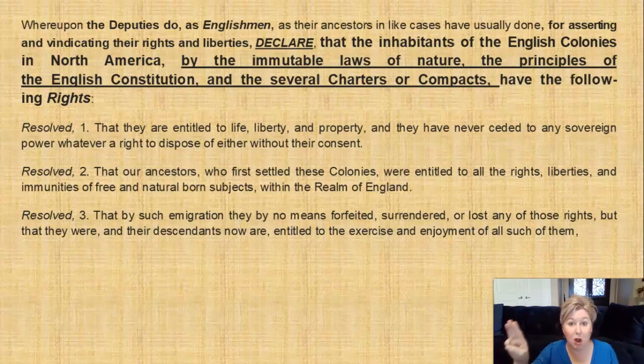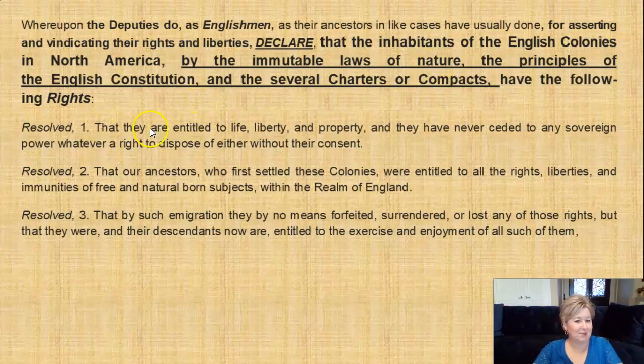We appeal to the law for these rights. But the most important law being this one, the laws of nature, which supersede even the English Constitution because they're God's laws.